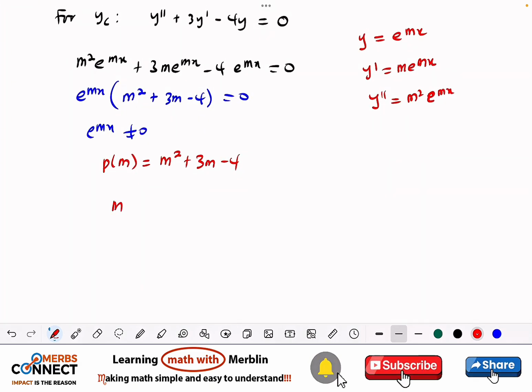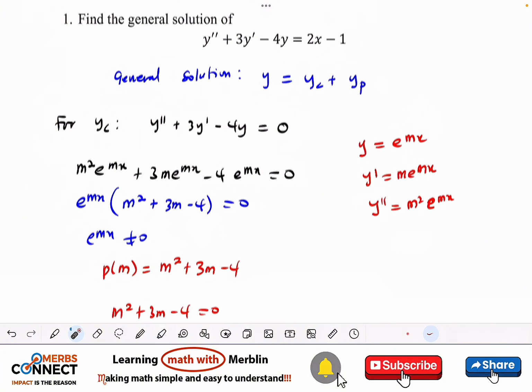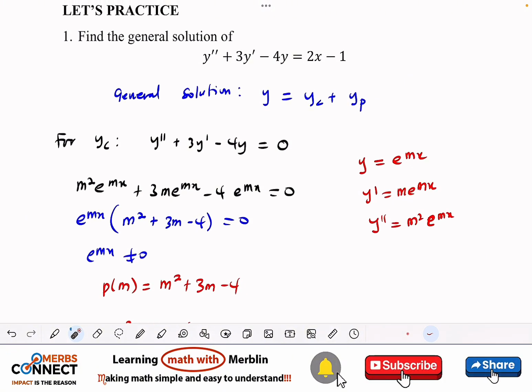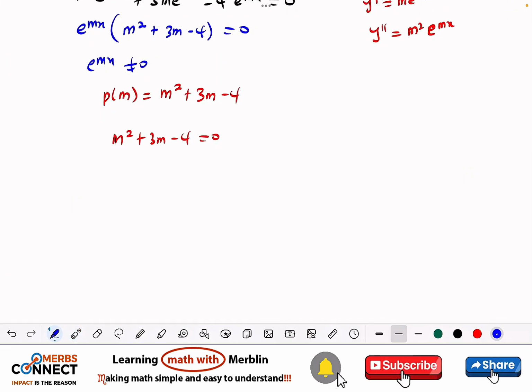So I'm going to assume that m squared plus 3m minus 4 is equal to 0. So I see that this is not going to give us complex. So basically, let's use the quadratic. So let's go to the quadratic.